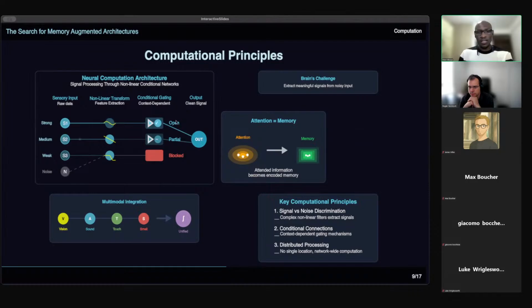The strongest one is very open, and the medium one is partial, just a bit of information getting through after conditional gating, as context dependence allows information to partially go through. And the last one is the clean signal. This is where learning goes through. After all this process, learning uses the clean signal, the signal that carries the information that we want, right?